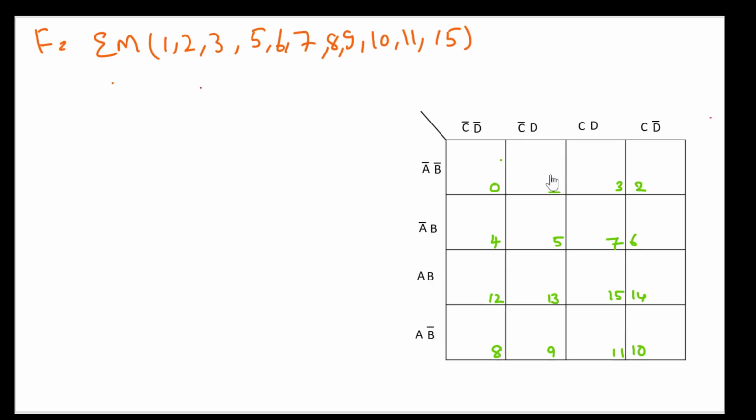We'll try to fill: 1 is 1, 2 is 1, 3 is 1, then 5, 6, 7 is 1, 8 is 1, 9 is 1, 10 is 1, 11 is 1, then 15 is 1. Now I'm sorry, 2 also 1. Okay, now you fill, rest are all zeros.